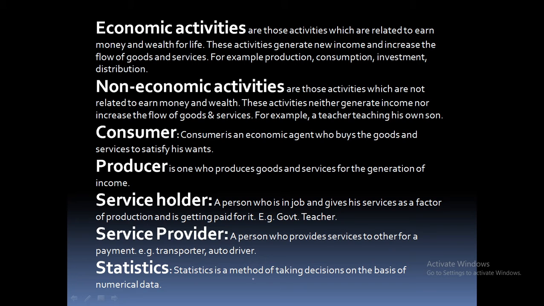A service holder is a person who is in a job and who gives his services as a factor of production and is getting paid for it. For example, a government teacher. Service provider, a person who gives services to others for a payment. For example, transporter, auto driver, teachers, doctors, etc.